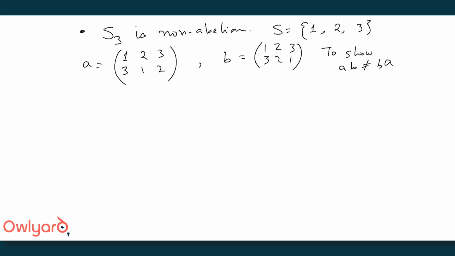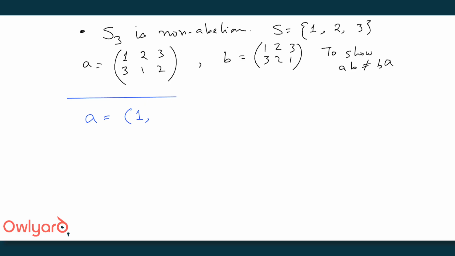Okay, good. This is a good exercise because we will see through this exercise how to deal with cycle notations. Let's convert everything into cycle notation. If I try to convert the permutations A and B into cycle notation, A will look like this.